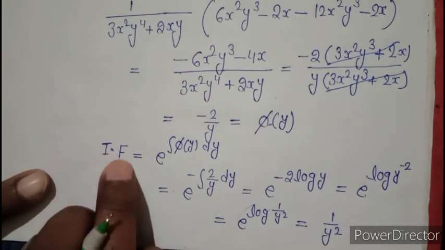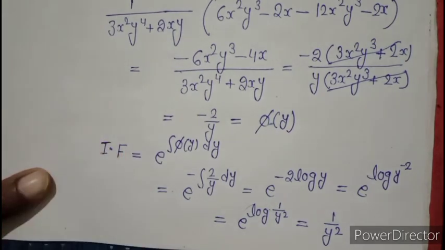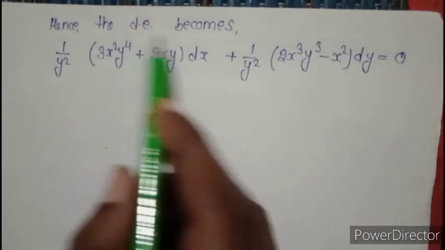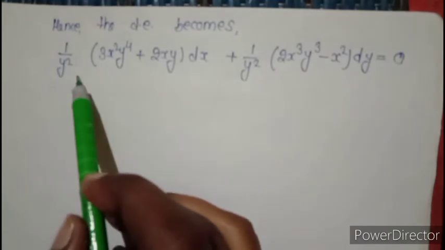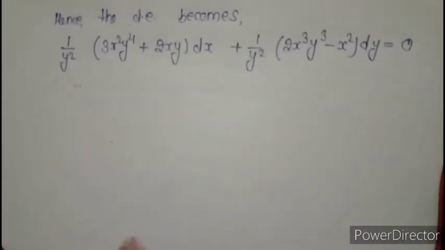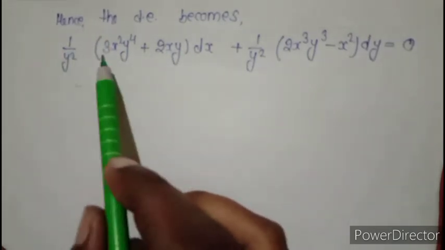Now it's time to multiply this integrating factor with the given differential equation to reduce it into exact form. So here you can see the differential equation becomes of this form, and I have multiplied the integrating factor to the given differential equation. Now is the time to multiply the integrating factor with each term.